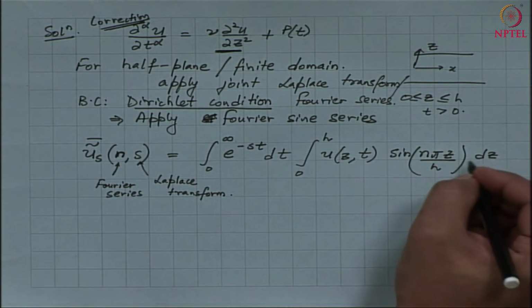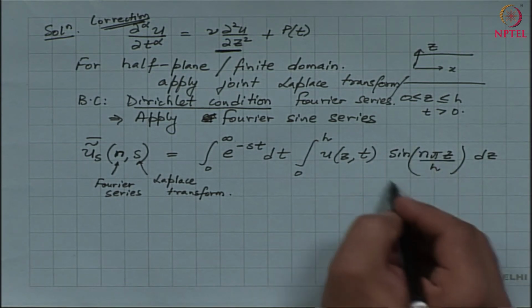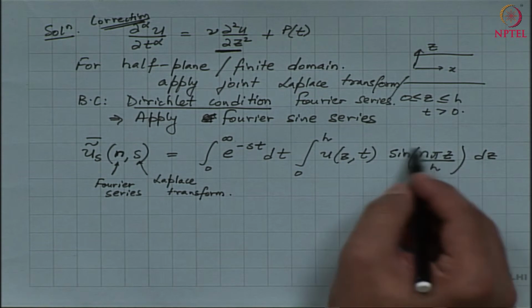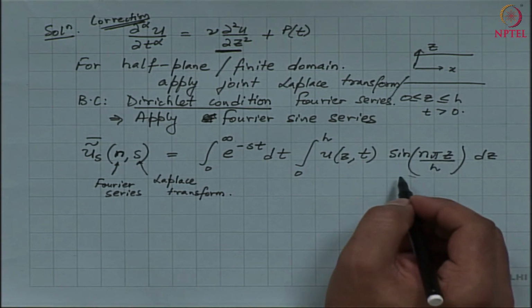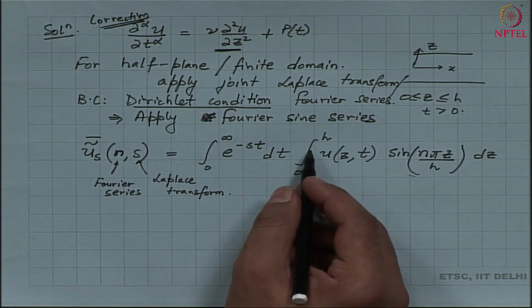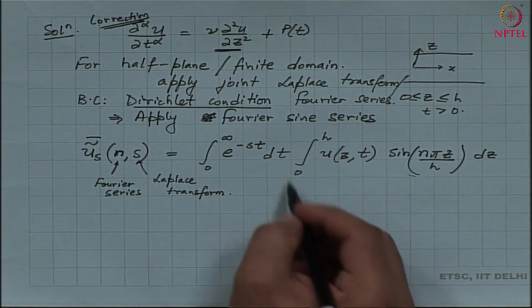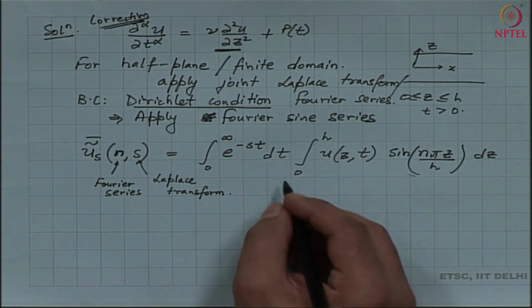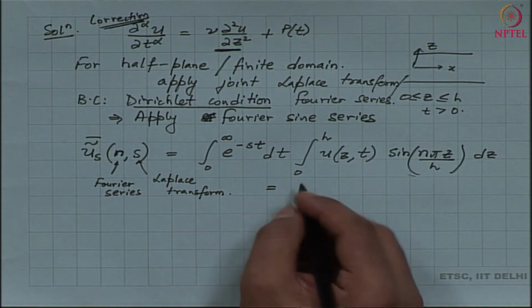So, the Fourier sine series brings in this factor instead of the exponential kernel. Then when I apply my sine series, I can evaluate this interior integral, which after evaluation gives me the following expression.